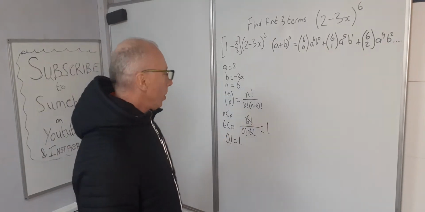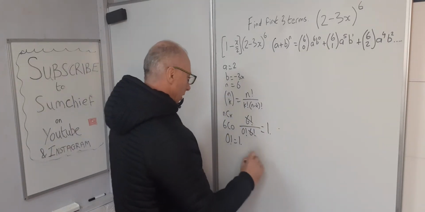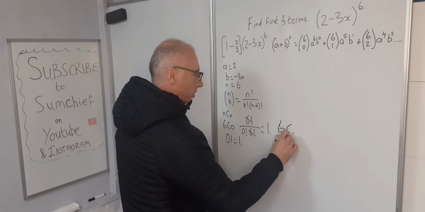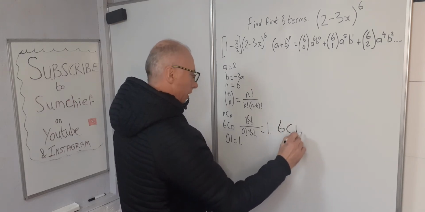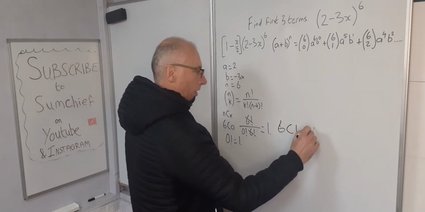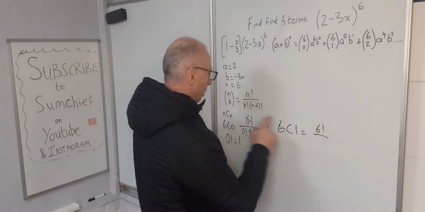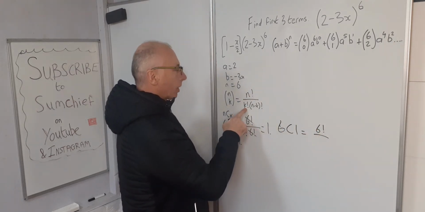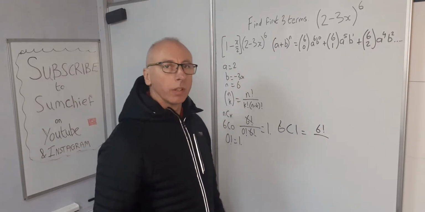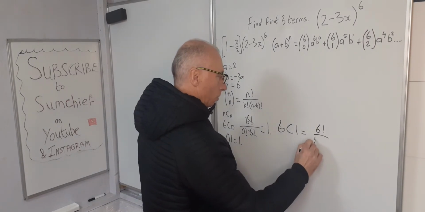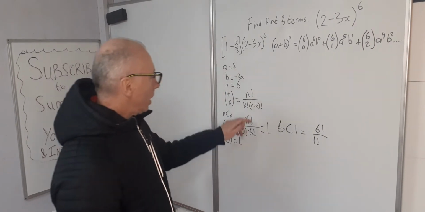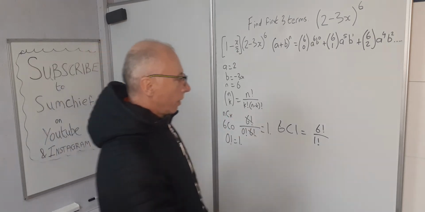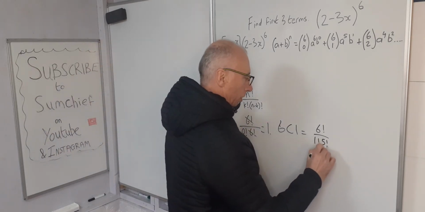Then 6 choose 1, so let's go here. 6 choose 1 equals, again, 6 factorial, that's our n on the top. Now k is 1, so put 1 in there, so 1 factorial, and 6 minus 1 is 5, so that becomes 5 factorial.